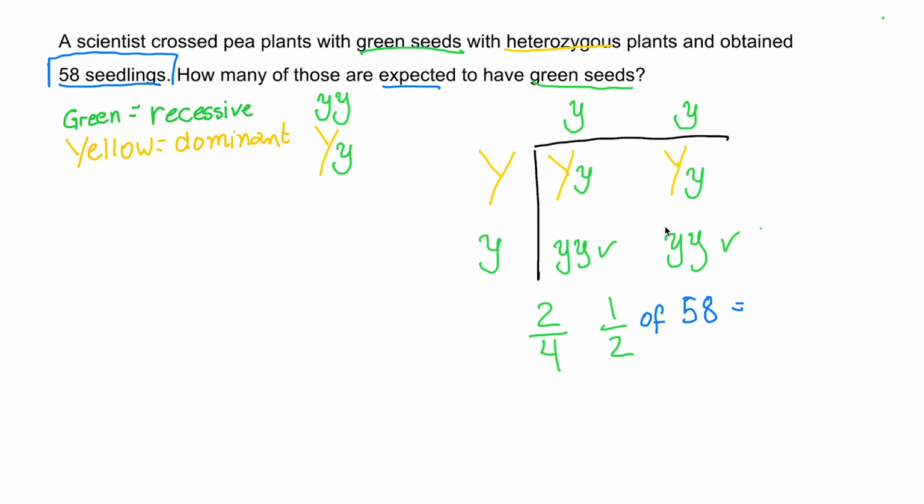This is what I expect because from our crossing, we know that we expect 2 out of 4 to be homozygous recessive. So 1 out of 2, 1/2 of this 58 is 58 divided by 2, that is 29. Out of these 58 plants, I expect 29 of them to have green seeds and the remaining 29 to be yellow.